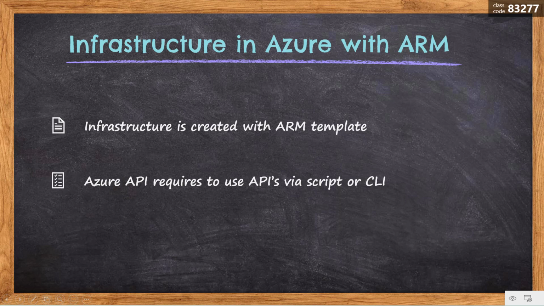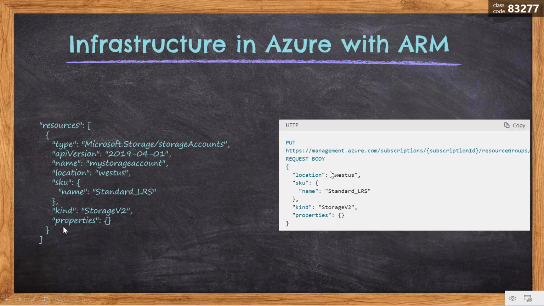In order to deploy infrastructure with Azure, you especially need the ARM template and the APIs which will be used to deploy your infrastructure. When we click on the create button to deploy the infrastructure, behind the scenes Azure converts this ARM template into this kind of JSON, and it gets sent to this particular URL, which is management.azure.com/subscription/subscription ID, and then the resource group and the storage account type, which is the type of the resource.